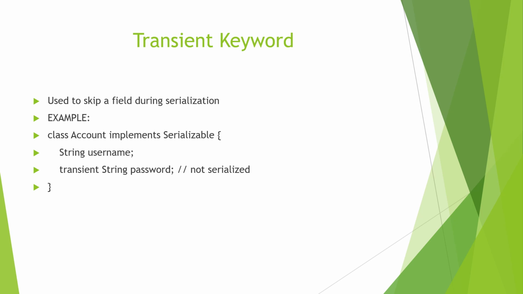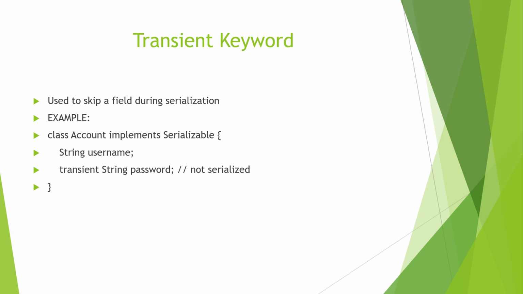You can see in this example where they are already performing serialization using the interface Serializable. They have created a class Account implementing Serializable. Within that they have passed one data, that is username, taking one variable username with the data type String. Again they have taken another one, password, and passing that as String.